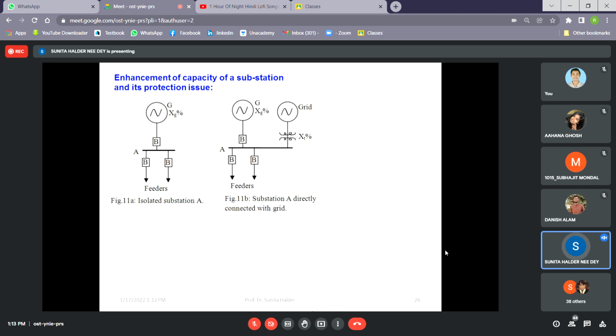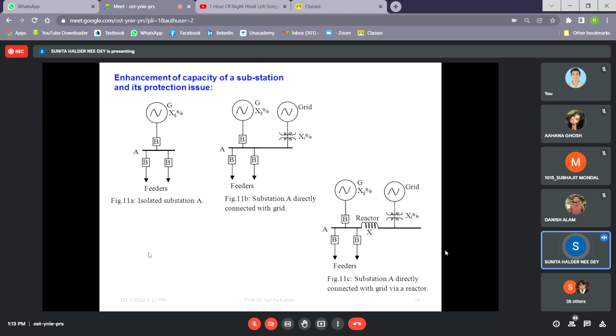So the fault current will increase, and for that reason the fault MVA will increase. If the fault MVA is increased, then that enhanced value of fault MVA may be beyond the circuit breaker capacity. And if it is beyond the circuit breaker capacity, then the breaker will not be able to protect the system, because the short circuit MVA becomes more than the breaker rating.